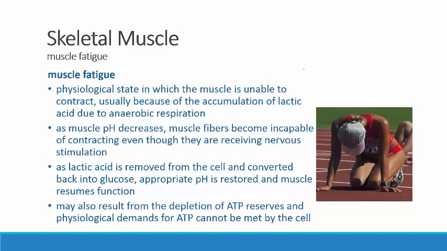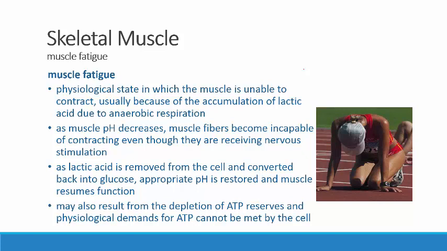And the proximal cause, the root cause of this, is usually the accumulation of lactic acid that has been produced during anaerobic respiration. Because lactic acid is acidic, as the name would suggest, if there's a lot of lactic acid running around, then it's going to be a relatively low pH environment.